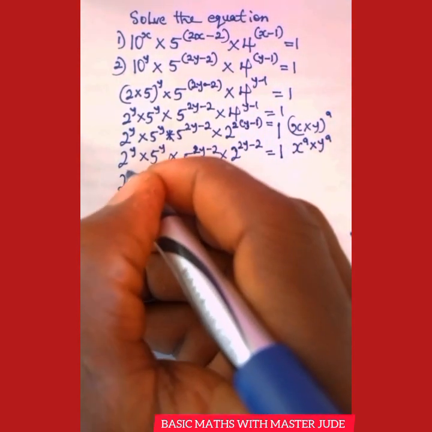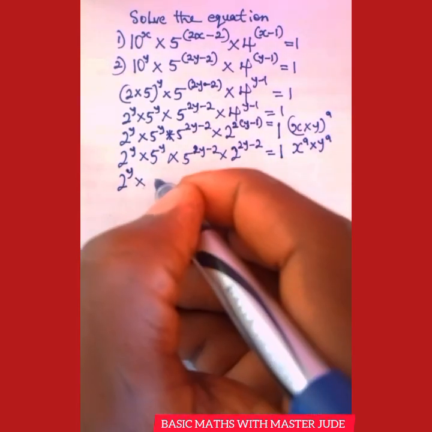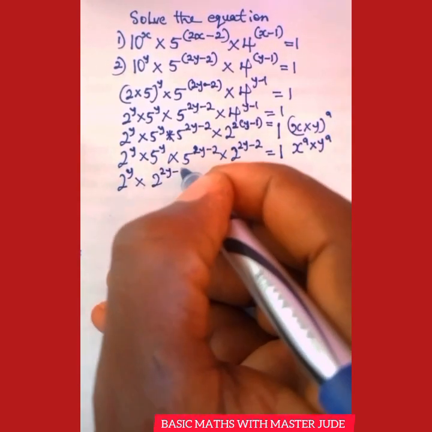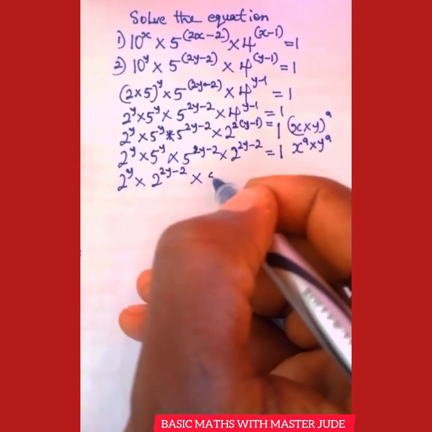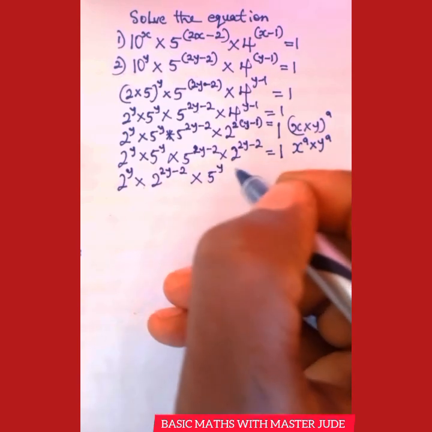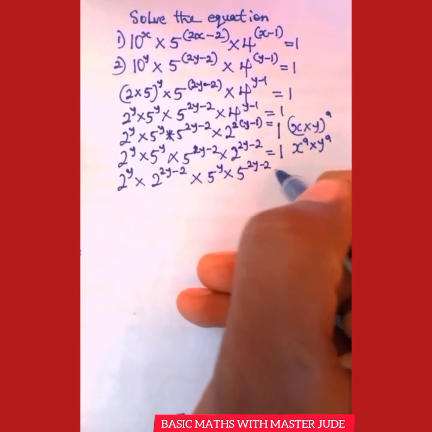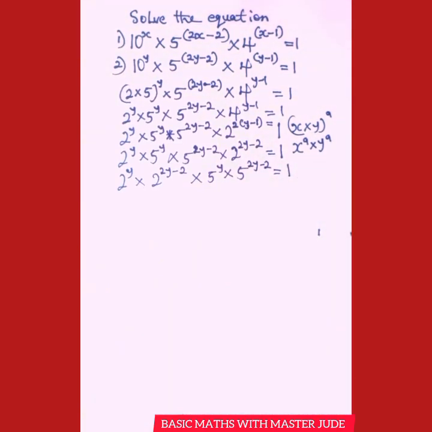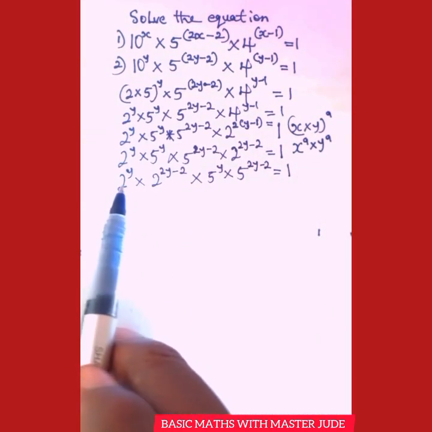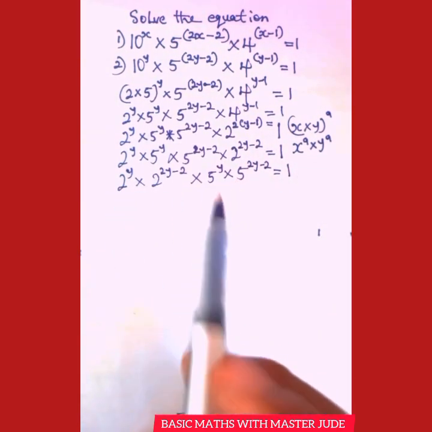Then let me collect like terms now. So I'm going to have 2^y multiply 2^(2y-2) multiply 5^y multiply 5^(2y-2) is equal to 1. I collected like terms based on base 2 and base 5.